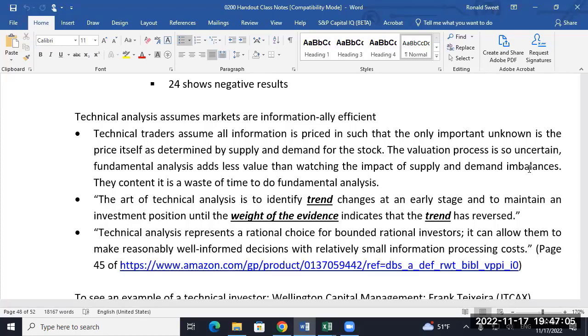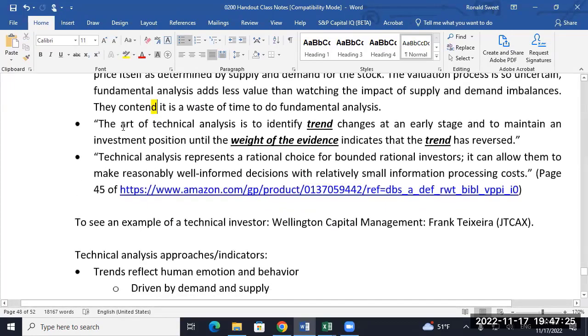It's just the nature of the beast. And she's saying, yeah, that's true. We're pretty uncertain of our valuations. So the only thing we don't know is how the buyers and sellers are going to line up. They contend it's a waste of time to do fundamental analysis. So they're kind of on the opposite side.